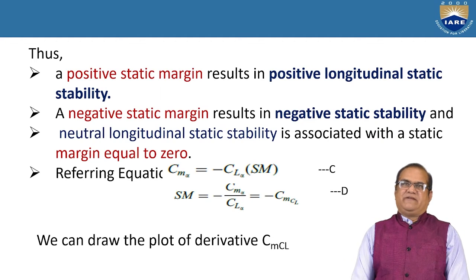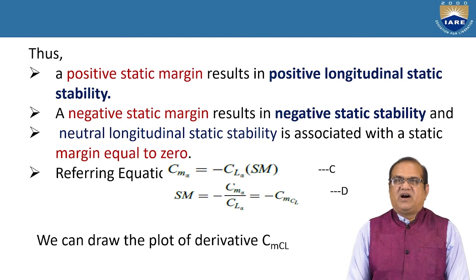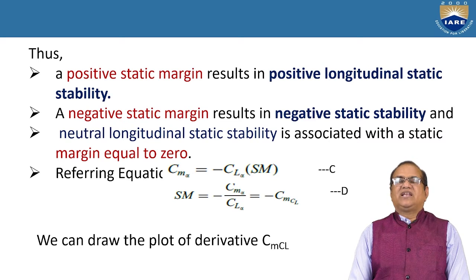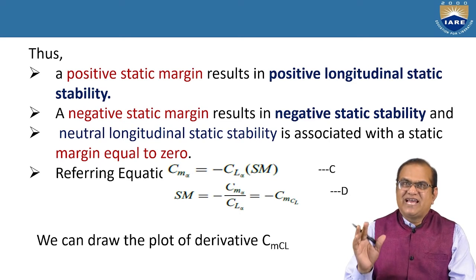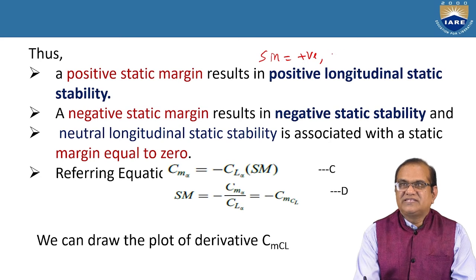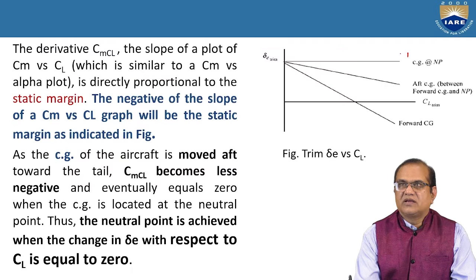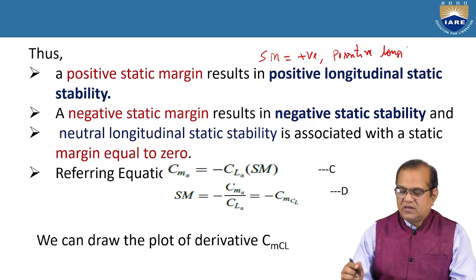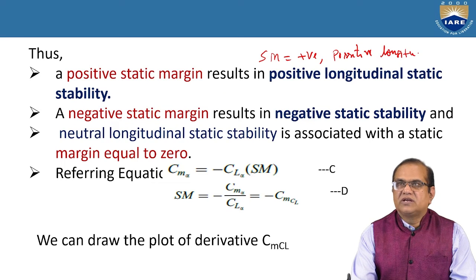Now, a positive static margin results in positive longitudinal static stability. So very nice results are coming: if SM is positive, then we can get positive longitudinal stability.